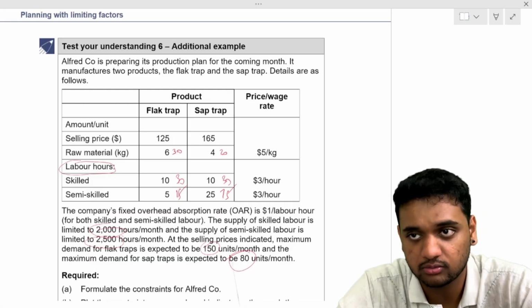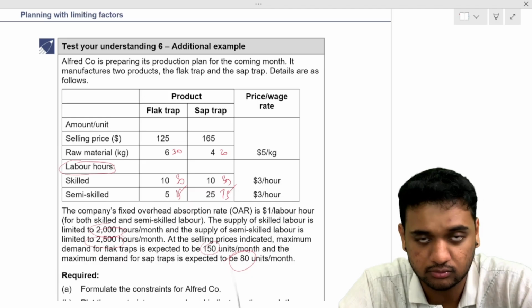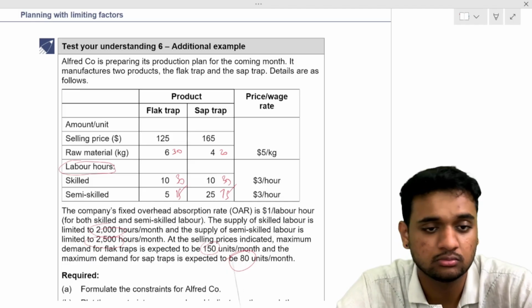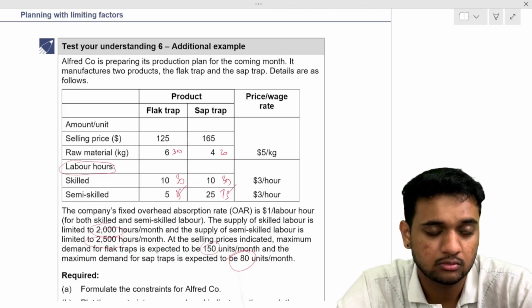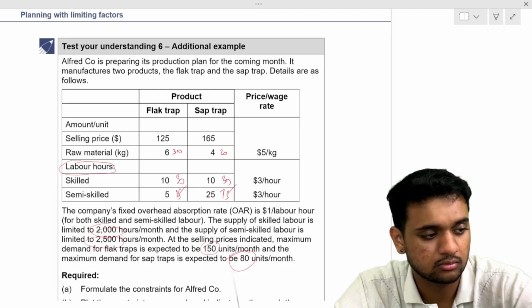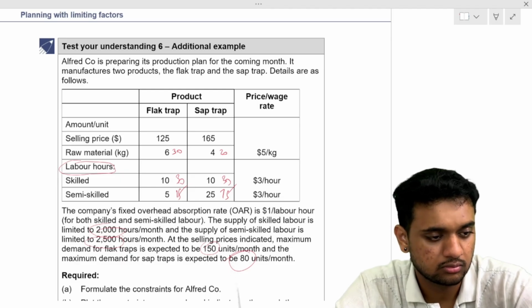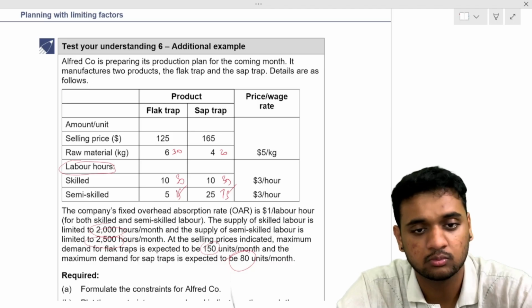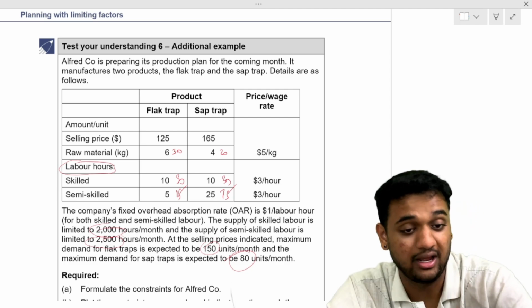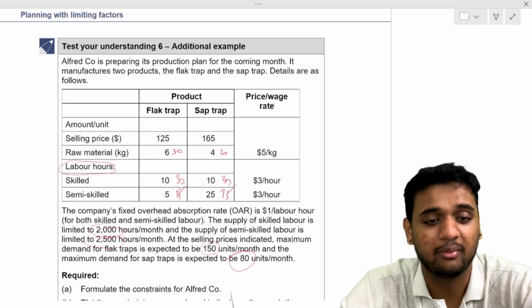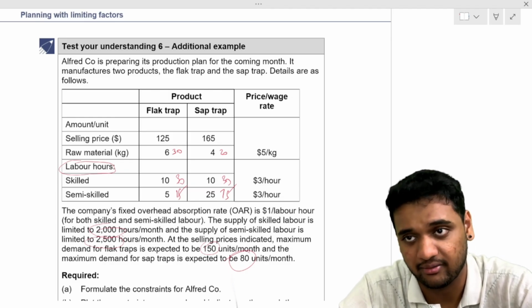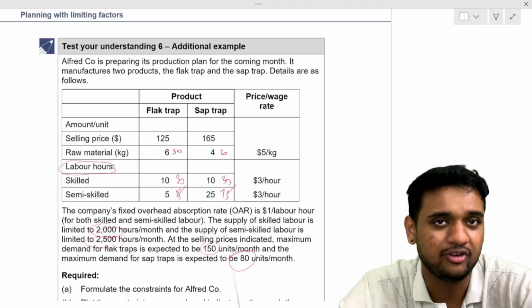So 125 minus 30 minus 30 minus 15. And 165 minus 20 minus 30 minus 75. So the contribution we are getting is 50 and 40.